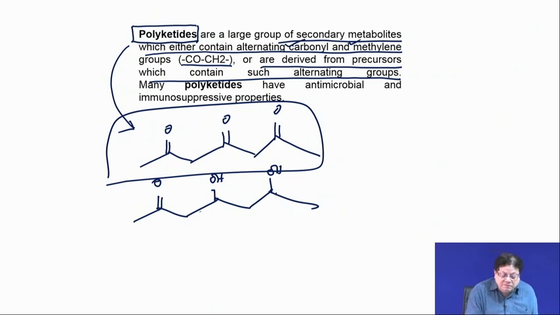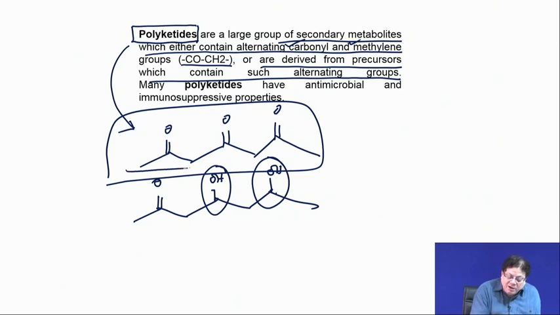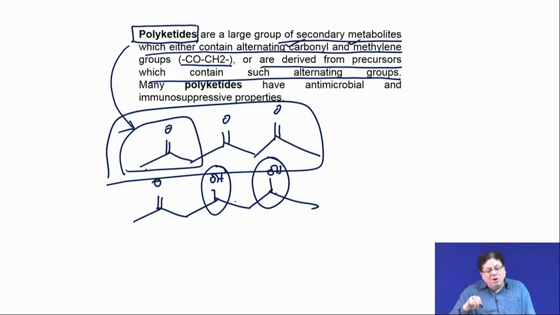Now, this is derived basically from this triketone. In the process of generating the triketone, some of the ketone groups are reduced. Okay. So, this is also a polyketide. Basically polyketides are either repeating units of CH2CO, or units which are derived from repeating units of CH2CO.